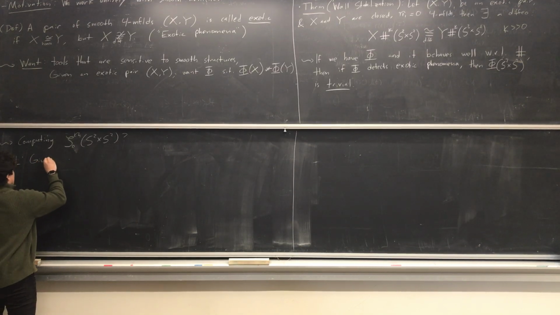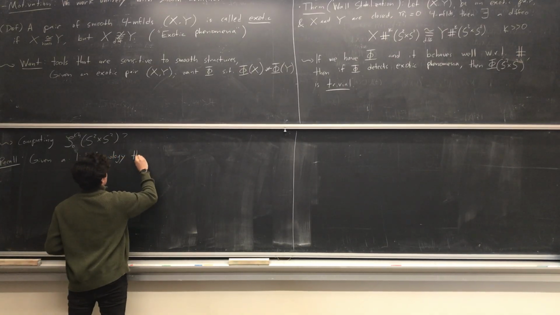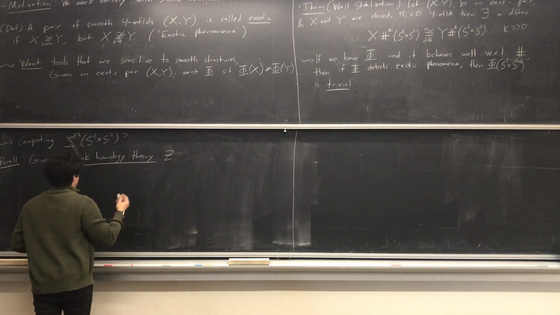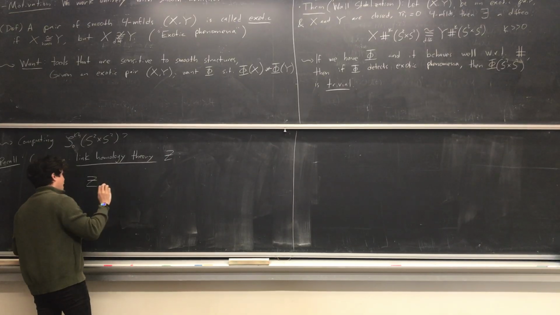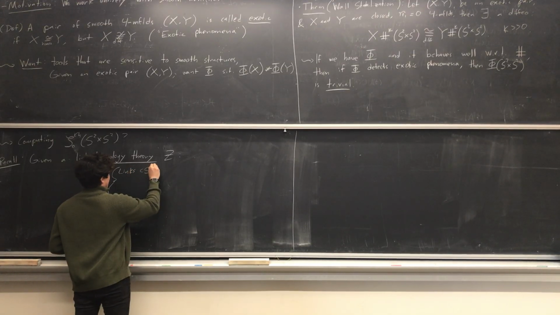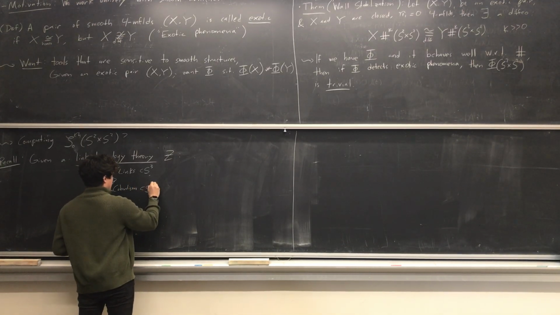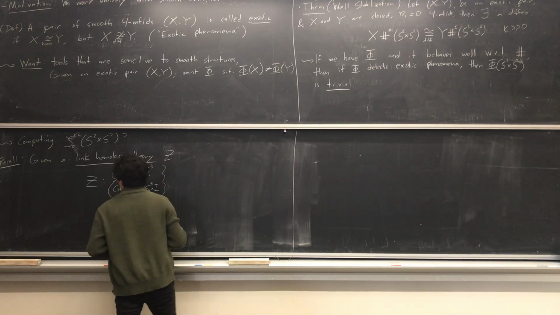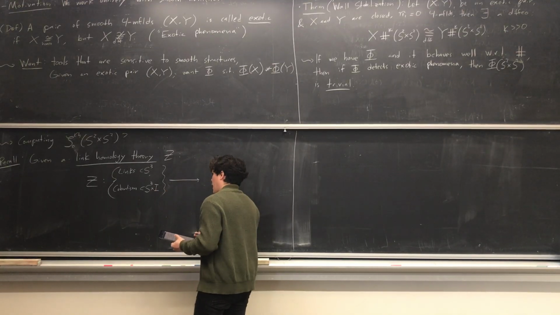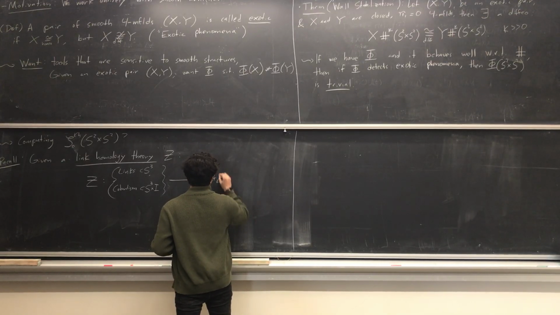Okay, so given a link homology theory, let's call it Z. By a link homology theory, what I mean is a nice functor from a category of, let's say, links in S3 and cobordisms between them in S3 times I. It's a functor that, given some link in S3, returns a bi-graded Q vector space.